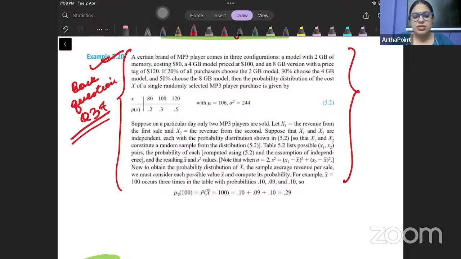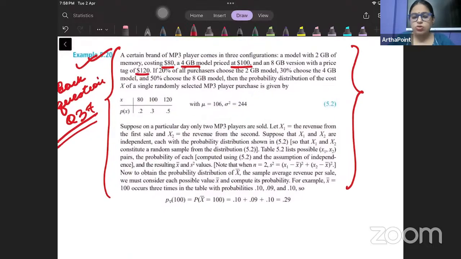It says a certain brand of MP3 player in 3 configurations, a model with 2 GB of memory costing $80, 4 GB of memory priced at $100, and 8 GB version priced at $120. तो आपको 3 वर्जन दिए हुए हैं और उनके रिस्पेक्टिव प्राइसेस दिए हुए हैं कि आप या तो $80 अर्न कर सकते हो या 100 या फिर 120. 20% of the purchases are with 2 GB. तो आपको यहाँ पे percentage is given to you as 0.2.